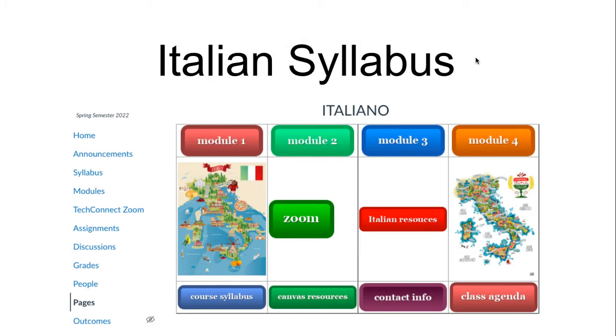So this is the Italian syllabus. Here you see course syllabus, and then I'll show you later. This is the opening page of your Canvas, where you can find everything that is useful.